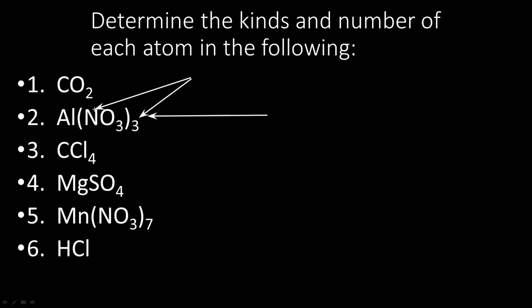It affects everything inside the parentheses. So in this case, it affects the nitrogen there. This 3 that's over here does not count toward the nitrogen, only the one that's outside the parentheses. So there's 3 nitrogens in there, and there's actually 9 oxygens, because that would be 3 times 3.